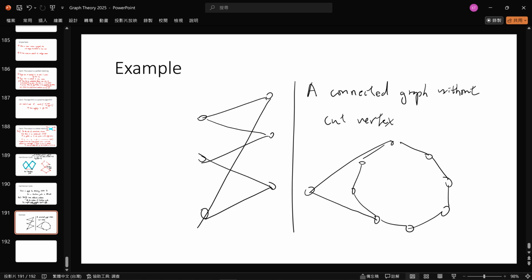This is a connected graph, and there's no cut vertex because no matter which vertex you remove, it is still connected.